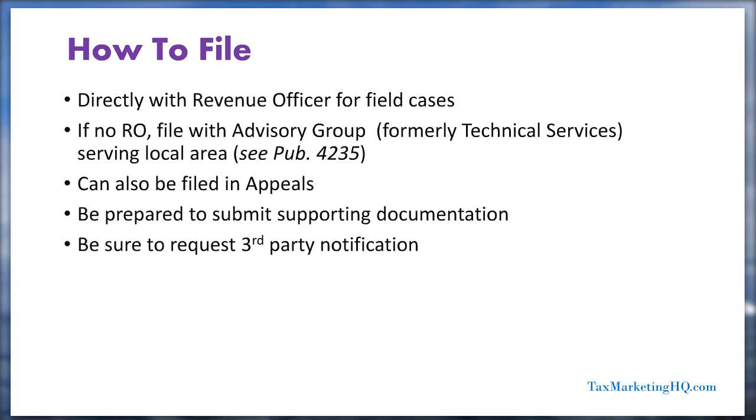And it is much faster to have a revenue officer or an advisory group manager or an appeals officer send this directly to the organization that it needs to go to, rather than waiting the 2 or 3 months that it's going to take to filter down through the public records process, where the third party can look it up with the county or the state to see, okay, it's been withdrawn. It's much faster to do the third party notification, but you have to be sure to request that notification with your application and provide a written statement from the taxpayer saying that they authorize the disclosure of that information.